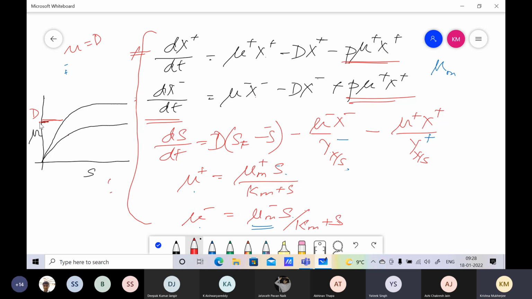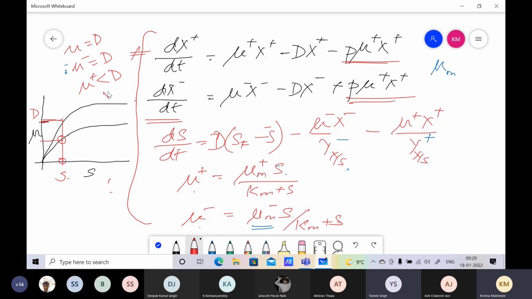Now, if D is equal to this, notice that this is the substrate concentration that will be there in the reactor. At this substrate concentration, this cell is growing at a much lower value of mu than D. This mu minus is actually equal to D, but mu plus is actually much less than D. Can you see this?